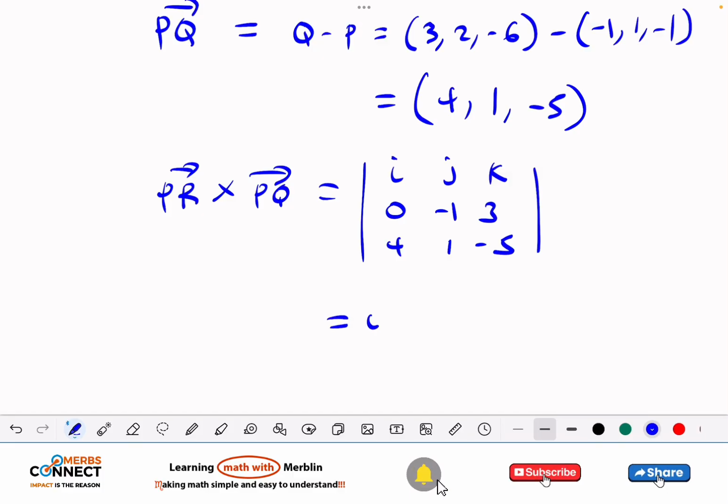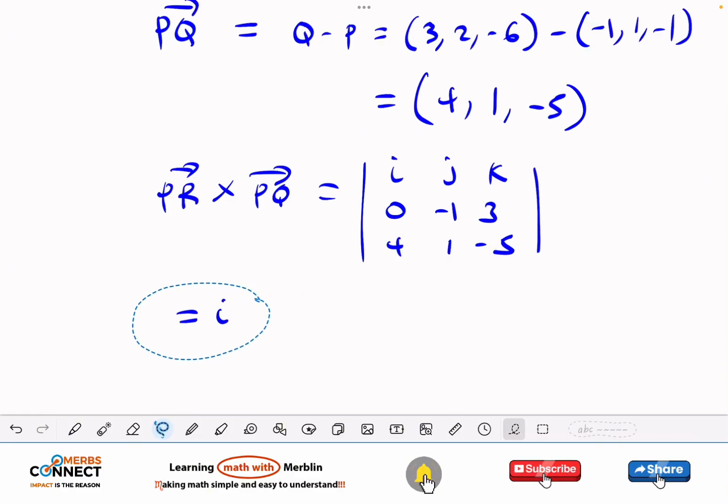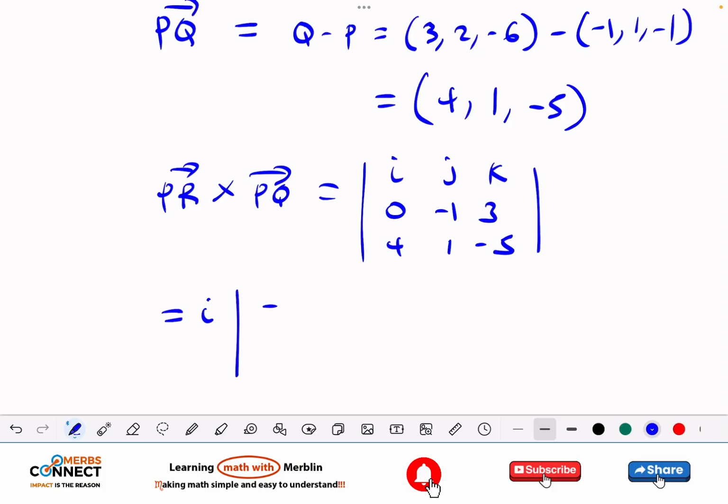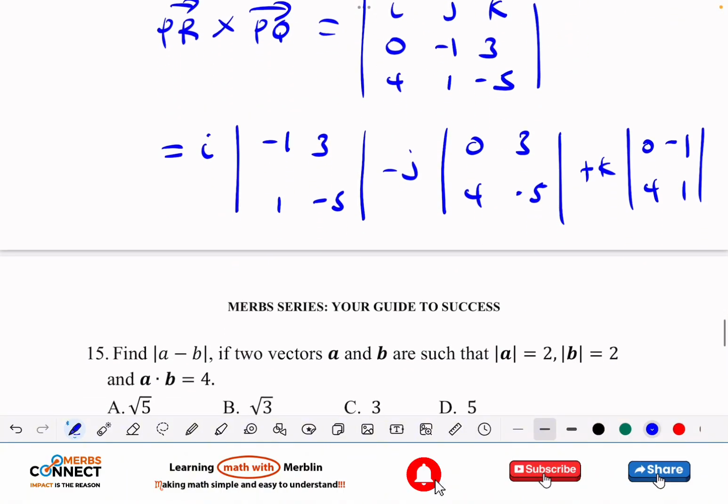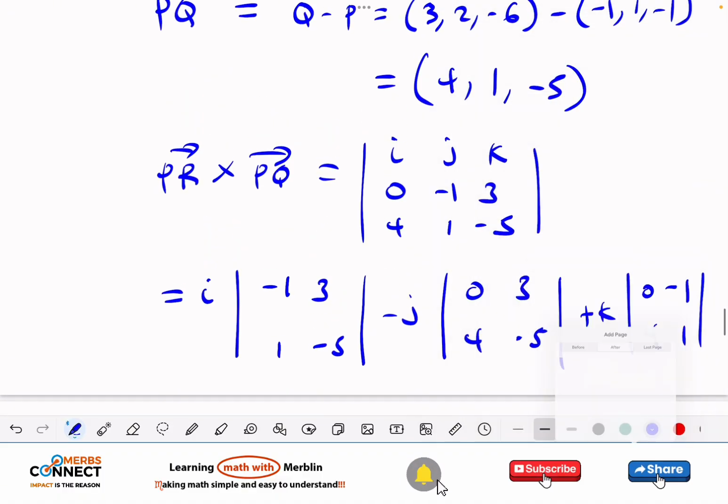So let's go i. i is going with minus 1, 3, 1, minus 5. Minus j. j is going with 0, 3, 4, minus 5. And then k is going with 0, minus 1, 4, 1. So that's what we are going to get.